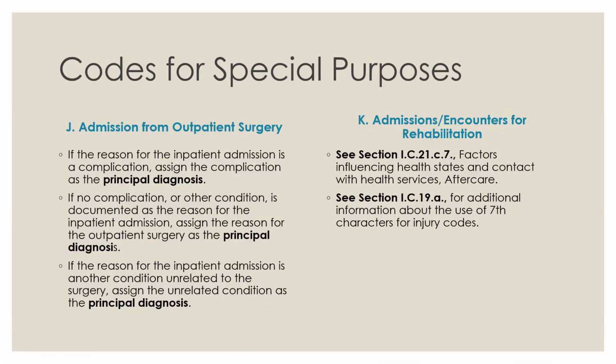For more information on this, you can see section 1C21.C.7 for factors influencing health states and contact with health services aftercare, or see section 1C19.A for additional information about the seventh characters for injury codes.